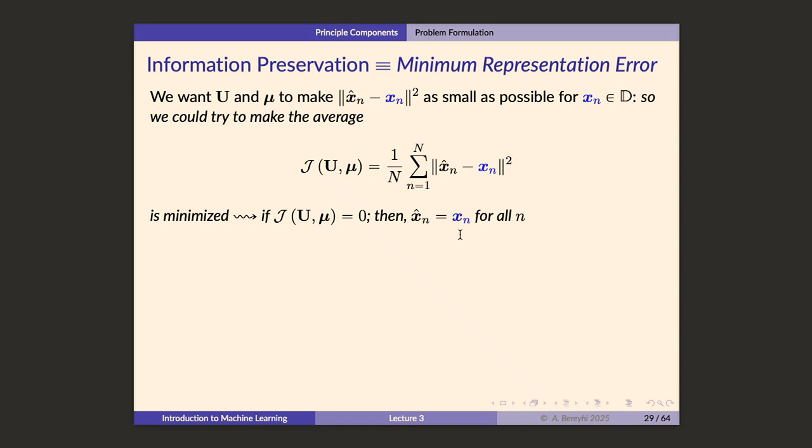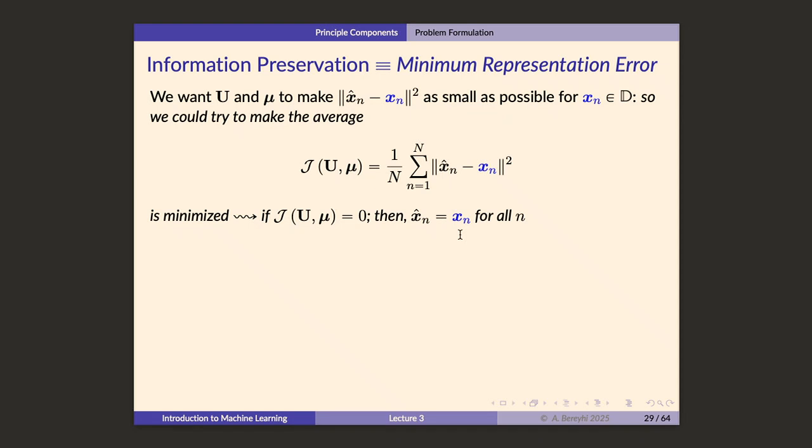So that is fine in the ultimate form, because this J is at least 0. It can never be negative, right? If you minimize it and everything is working perfectly, then J is going to be 0, which means that for every data point in your data set, you have found your U and mu such that once you compute the latent space and get back by reconstruction, you end up exactly at your original data.